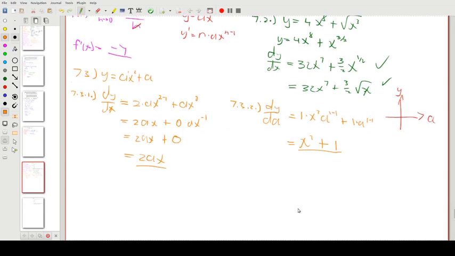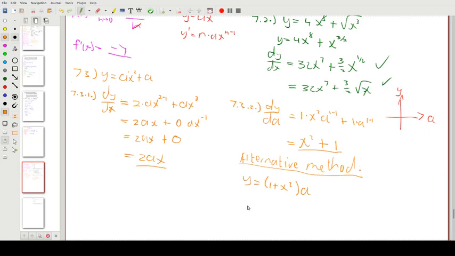What you could have also done as an alternative method or view, that would be if we said let's rewrite this equation as y equals, and then factor out a as a common factor. So we'd have 1 plus x squared, or x squared plus 1 times a.